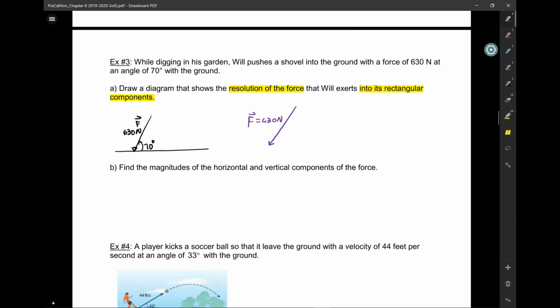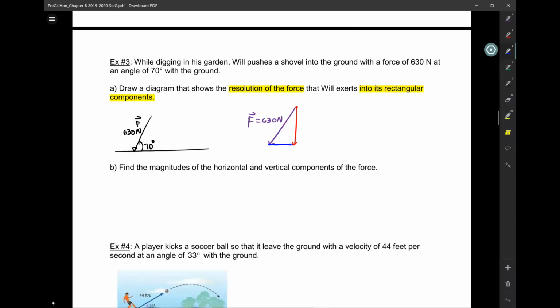And now we want to draw a diagram that resolves this into its rectangular components. So what we do is, from here, we're going to draw 2 arrows. Basically, we want to complete this right triangle. So here is a line, and then here is another line. And now, how to place the arrows? Think of it this way. The force is going from Will into the ground.